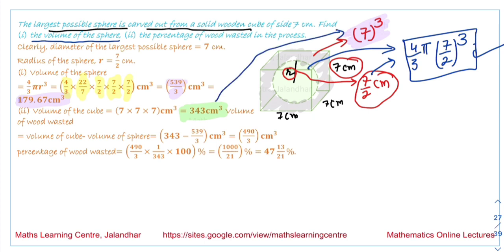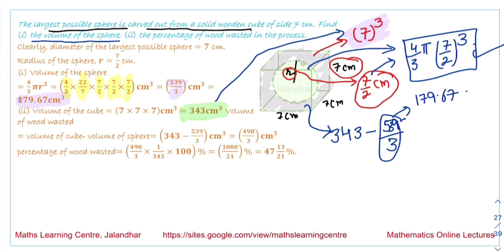So how much is the volume of the wasted wood? It is 343 minus 539 by 3, and we have already calculated this value as 179.67. We have to calculate the percentage of the wood wasted.